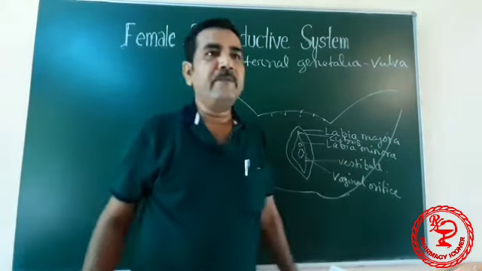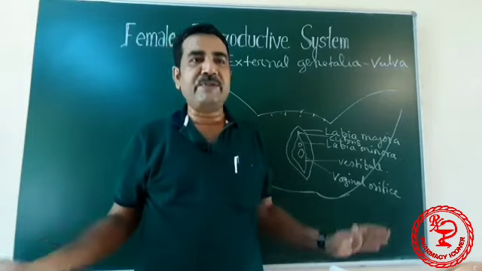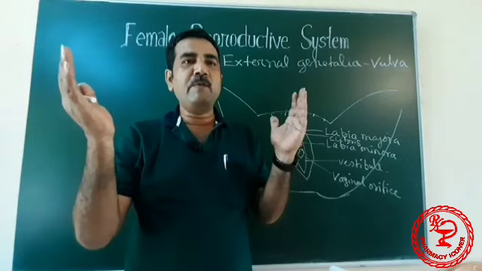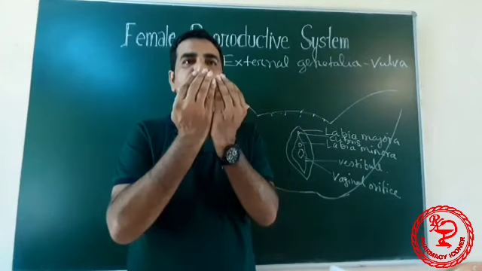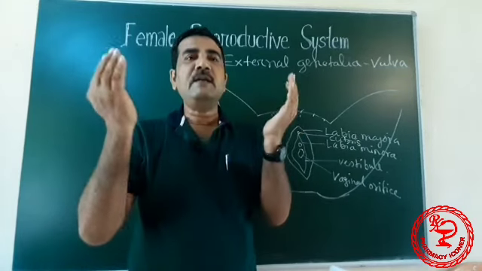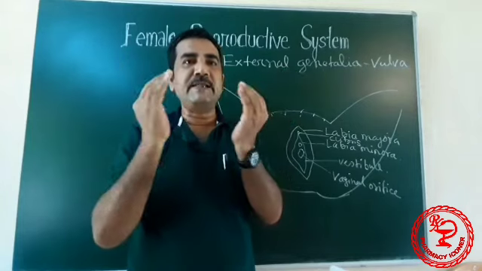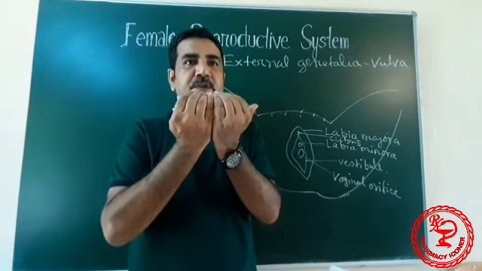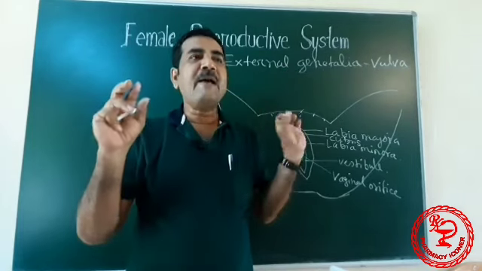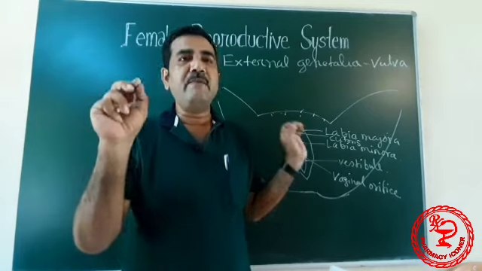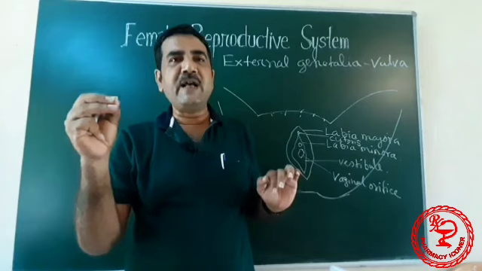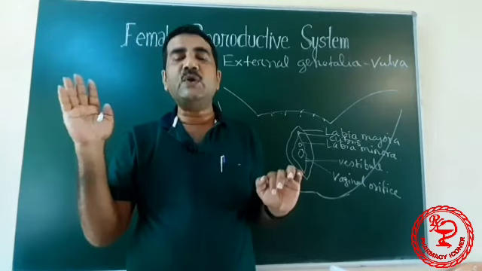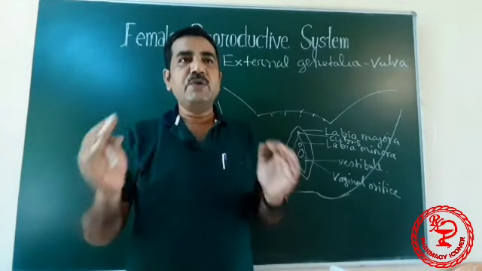Labia majora, labia actually means lips, is formed by folded pieces of skin which close the female reproductive system from outside. These labia majora are made of fibrous tissue and fatty tissue, and some hair is also present.